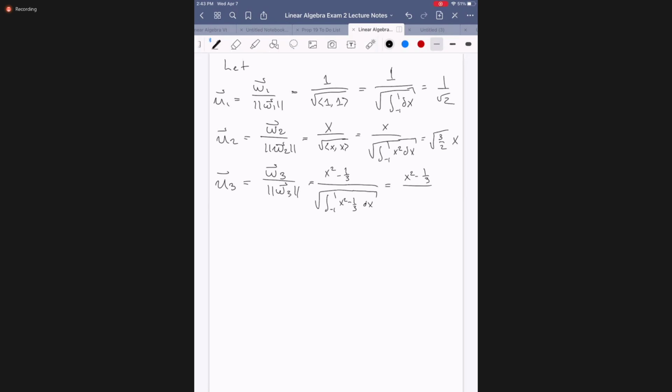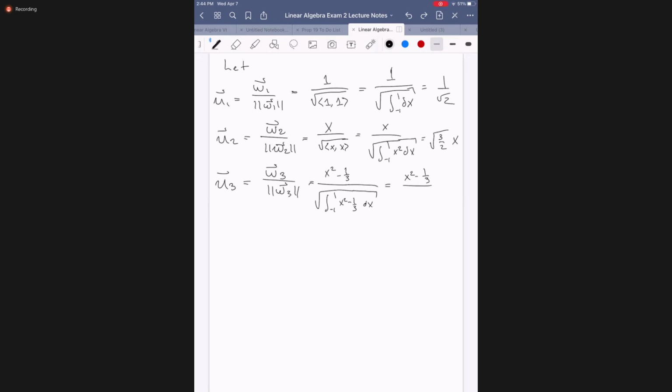So you have x cubed over 3 minus 1/3 x. That should be 0. And then the other one should be 2/3.